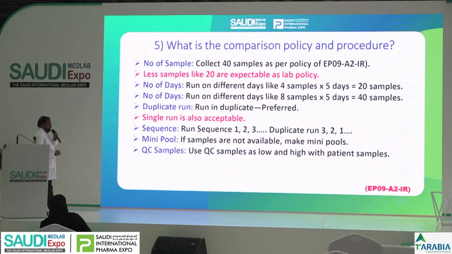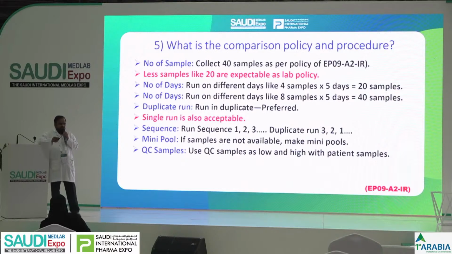Similarly, on the number of days, people run all the samples in one day and say, okay, our comparison is passed, everything is okay. No, you cannot. It should be run a minimum of 3 to 4 to 5 days. If you have 20 samples, run 4 samples every day for 5 days. If you have 40 samples, run 8 samples for 5 days. Why am I saying this?